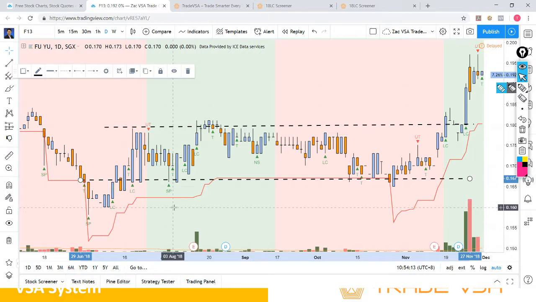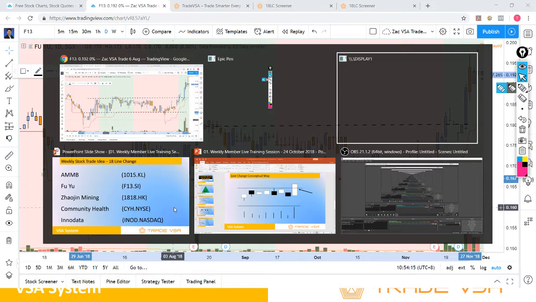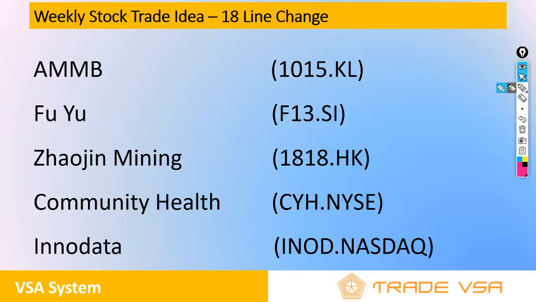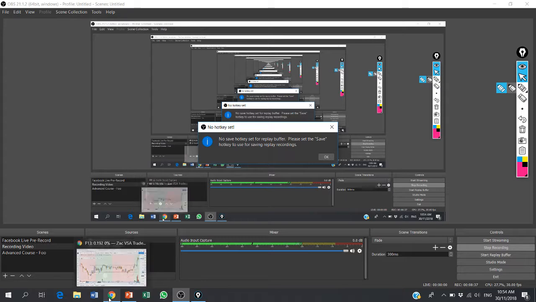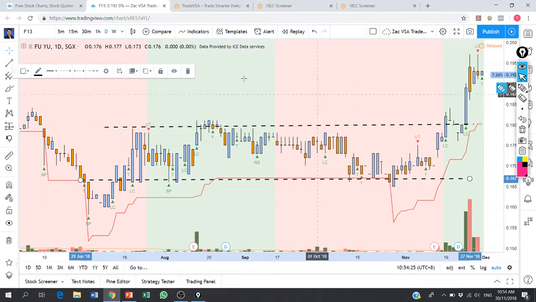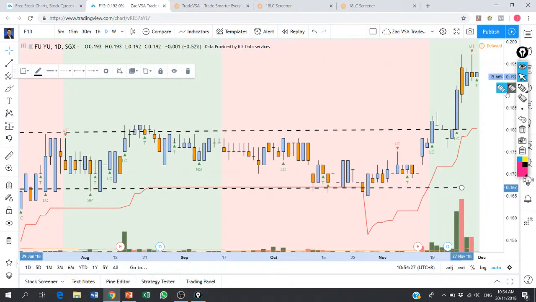Let me check. Okay, sorry about that. What we like about Fuyu is that we can see here, this is still in the accumulations.